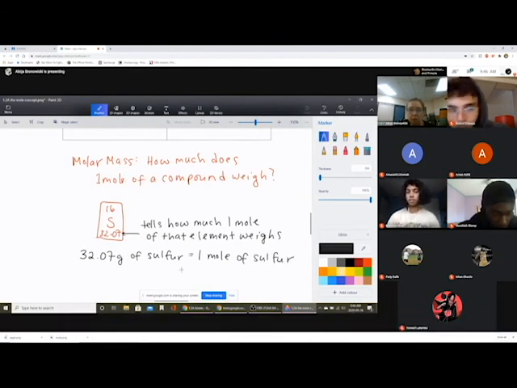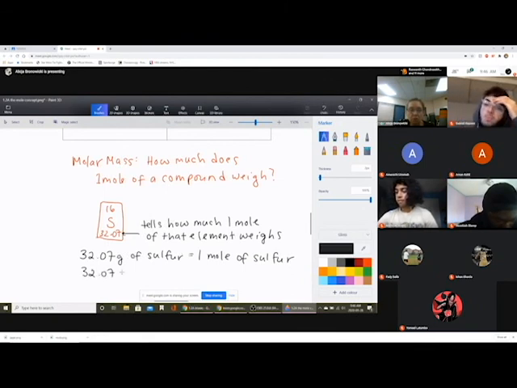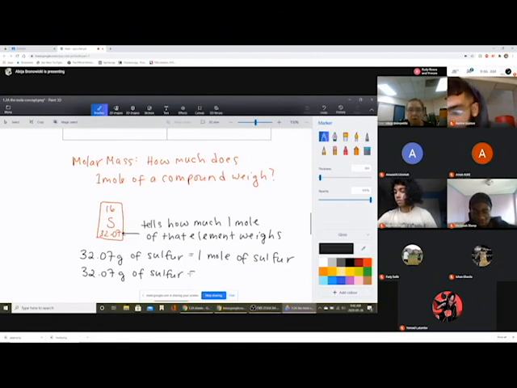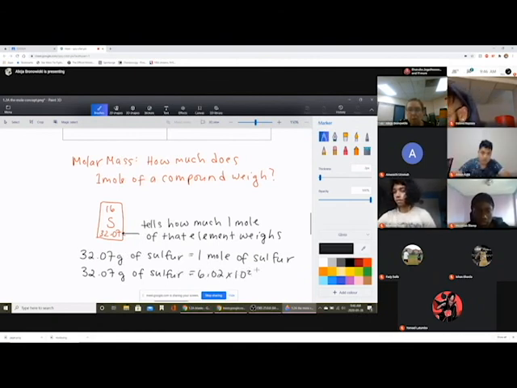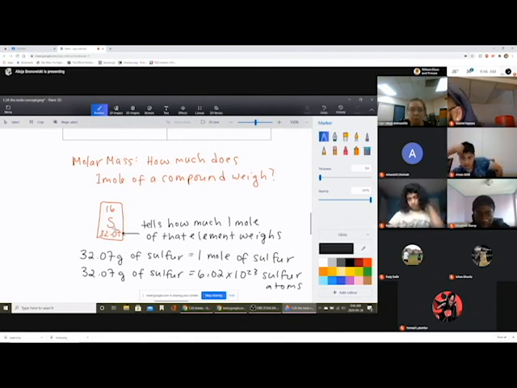Another way of saying that is 32.07 grams of sulfur is equal to 6.02 times 10 to the 23 sulfur atoms, because that's 1 mole. So that bottom number tells you what you need to weigh out to get 1 mole of that compound.